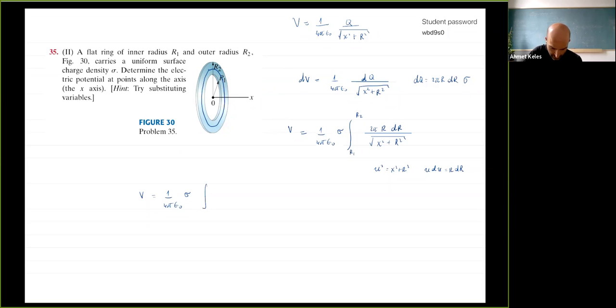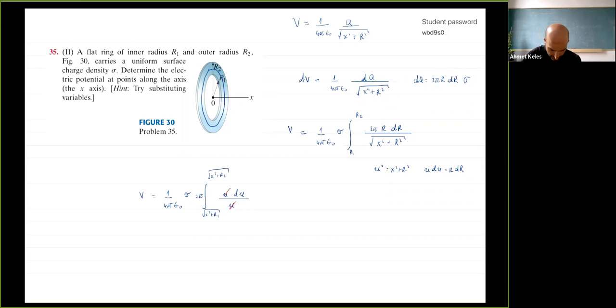And maybe there's also 2 pi here. And u du divided by square root of u squared, which is u. And this will go from u equal to square root of x squared plus r1 squared to square root of x squared plus r2 squared. Something like that. The u cancels as usual.